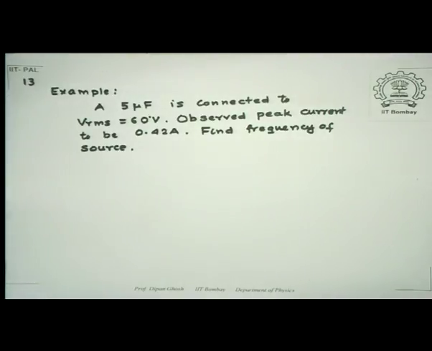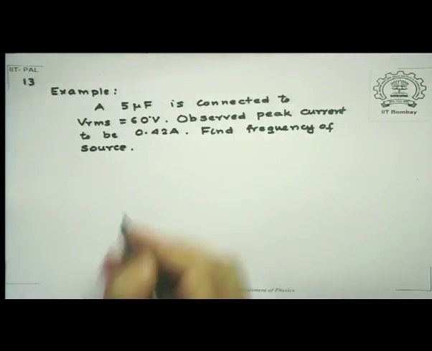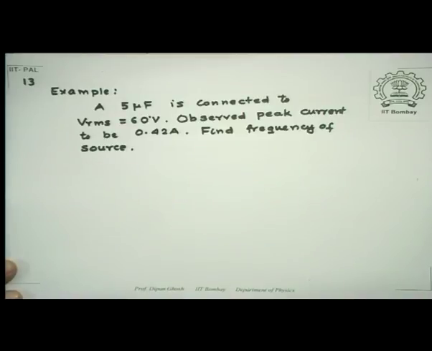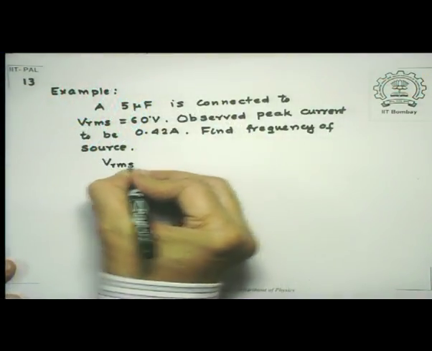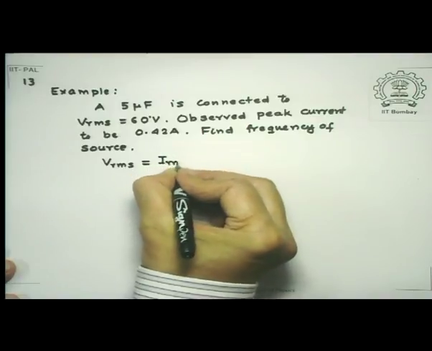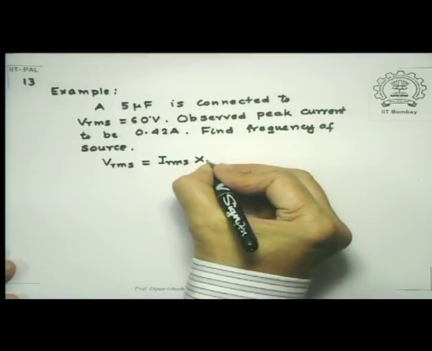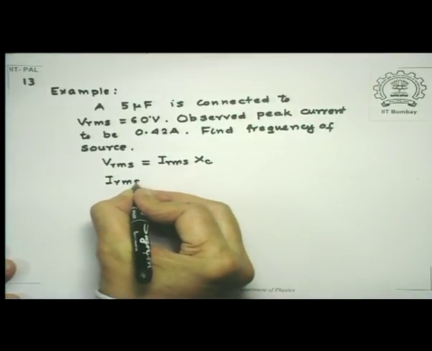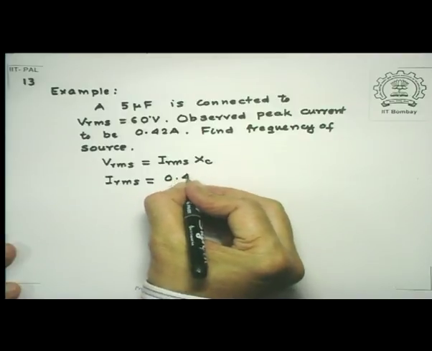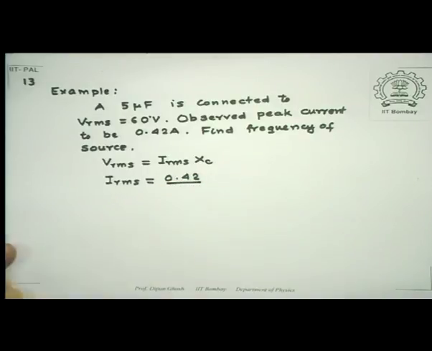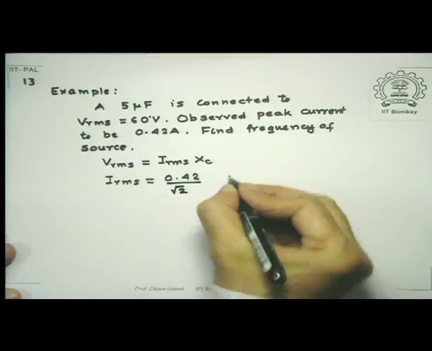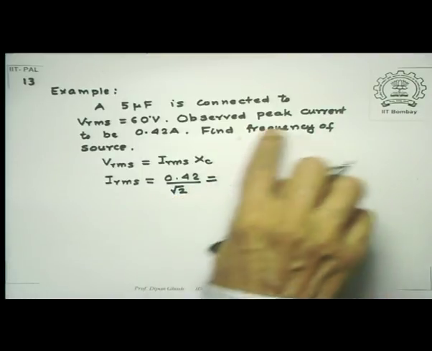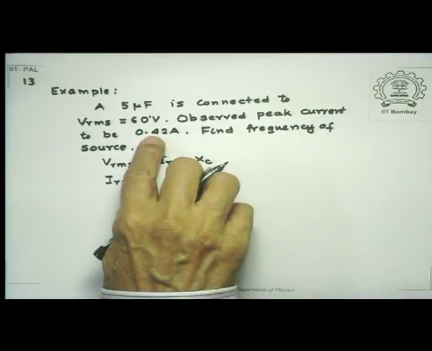So you remember that the relationship between V and I is applicable whether we are talking about RMS or the instantaneous values. So Vrms is Irms multiplied by XC. Irms equals 0.42 divided by square root of 2, because I have been given that the peak current is 0.42.